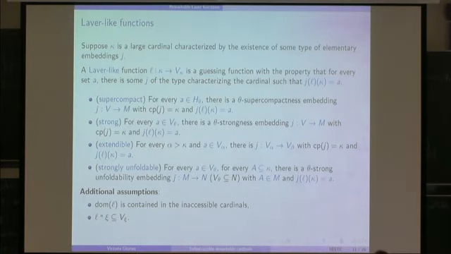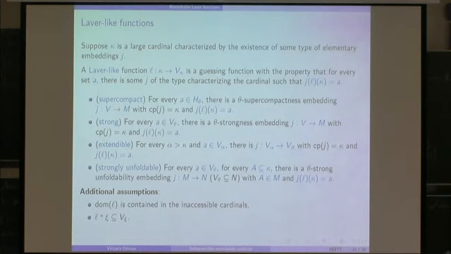So let me give you the template for what a Laver-like function would look like for some large cardinals. And then on the next slide, it will tell you for which of them it actually exists. So this is just the definitions, right? So for a supercompact, more precisely, you would ask that for every A in H theta, there's a theta supercompactness embedding j with j of L of kappa equals A. And of course, as the name suggests, Laver first introduced Laver functions in the context of a supercompact in his indestructibility result.